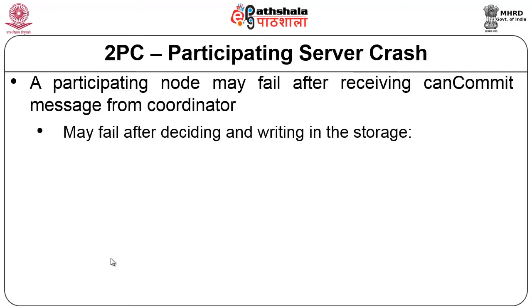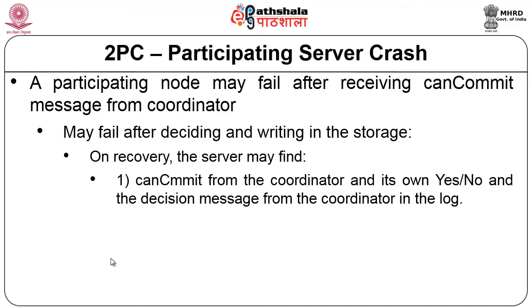Now, if a participating node fails after receiving can commit and it may fail during deciding and writing in the storage, on recovery, what may the server find? It may find a can commit and its yes or no. Based on that, if it is yes, it waits, it looks for the decision from the coordinator.